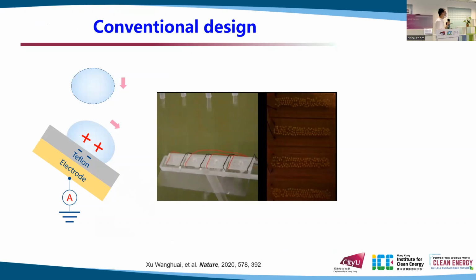In the conventional design, an electrode was fabricated on the bottom of the Teflon, and the device can generate electricity from the triboelectric charge when the droplet impacts on the surface. However, we can see in the video that the indicator of the electricity generation, the LED bulbs, cannot be lit up.